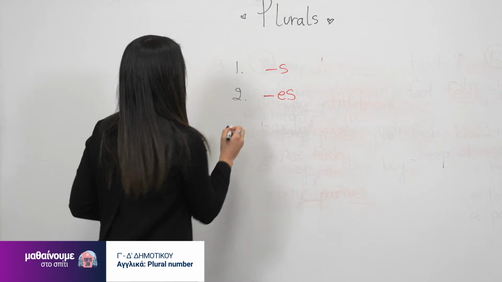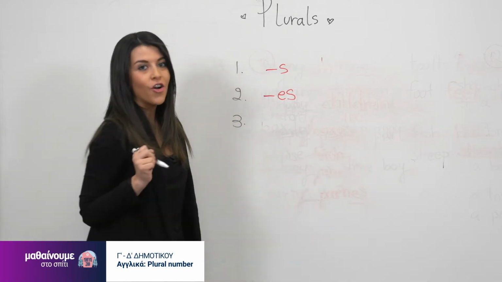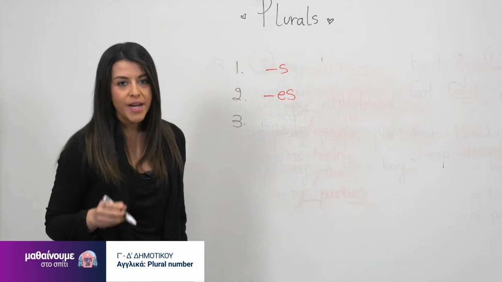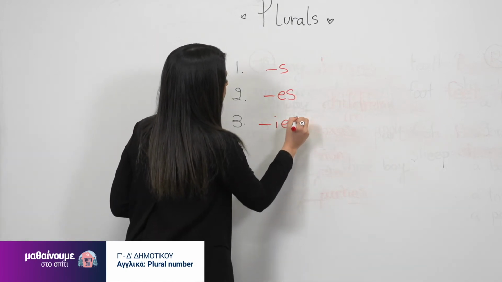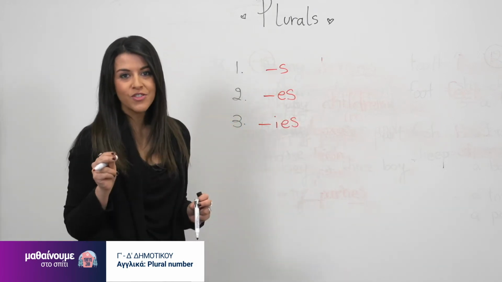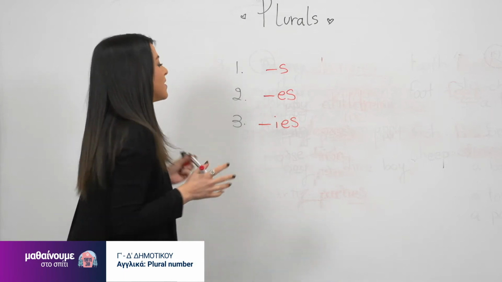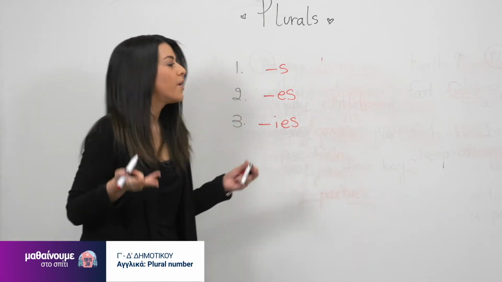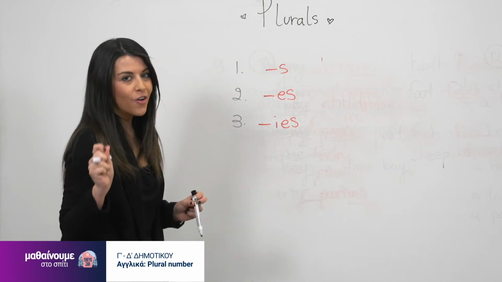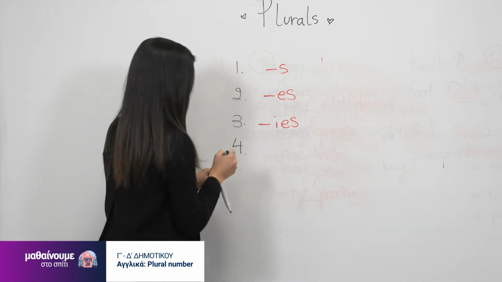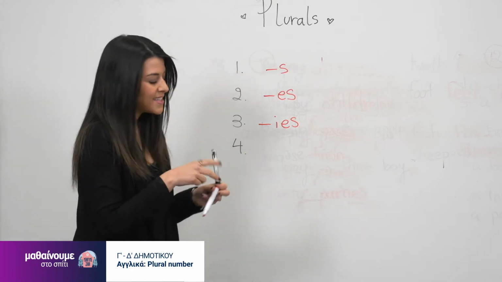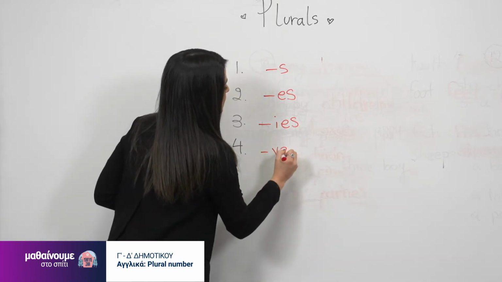Number three. Consonant and Y, we erase the Y and we put I-E-S. Only with consonants, don't forget. So like baby, babies, party, parties. Careful with consonants. And number four, F and FE in the end, you put VES.